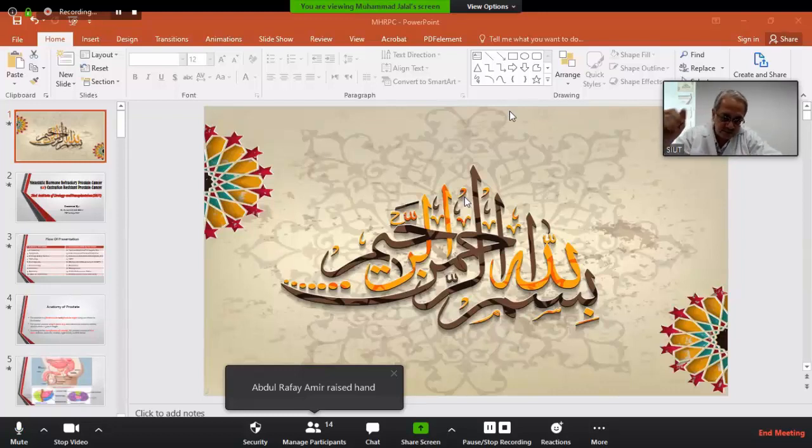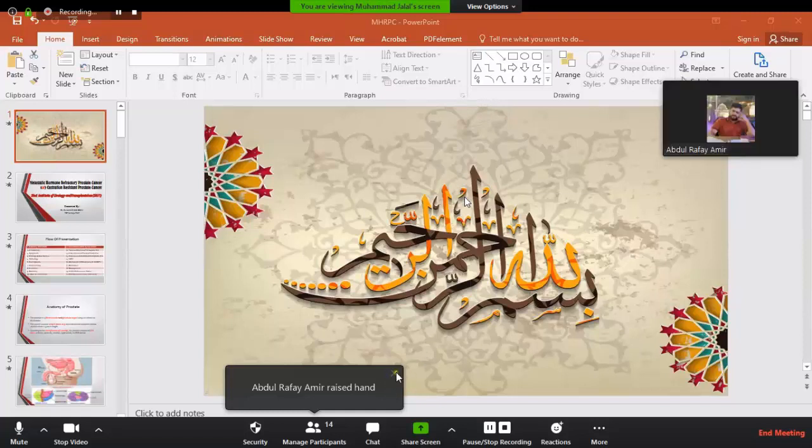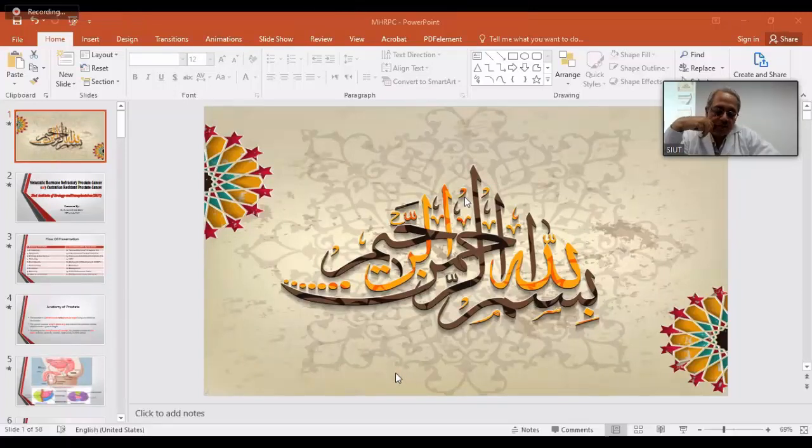Yes, Rafa? No question. Right. So it is a very interesting topic, in the sense that we are changing too frequently the protocol of application of knowledge, changing the protocol of doing biopsies, when to do biopsy, how many biopsies should be done.